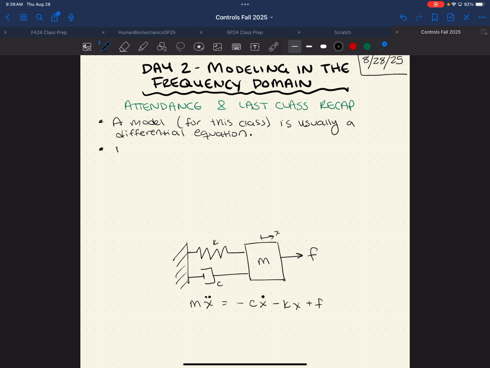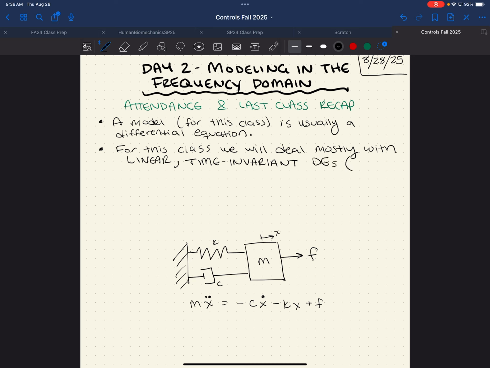Okay, and then I said for this class, we will deal mostly, and I say this, but actually the very next class we're going to talk about nonlinearities a little bit, but for the most part, we are mostly going to deal with linear, time invariant, differential equations.